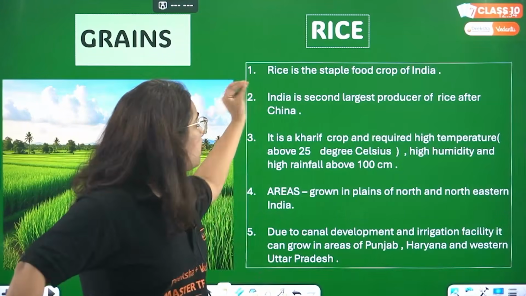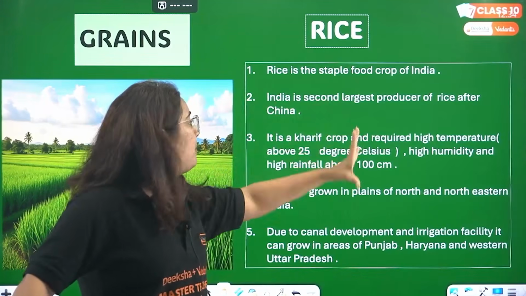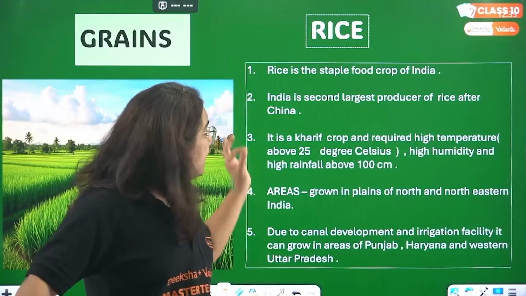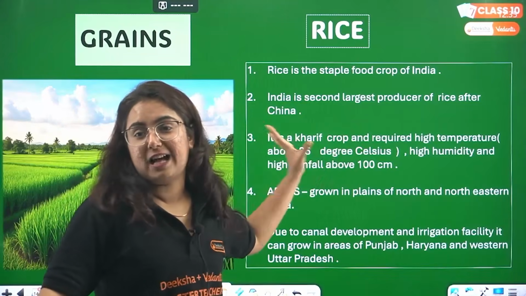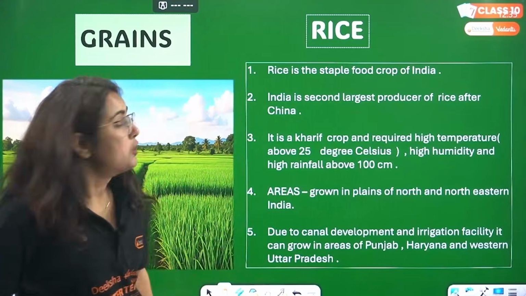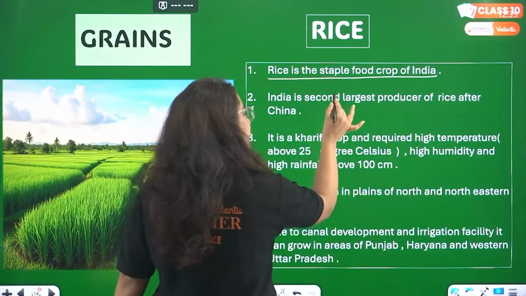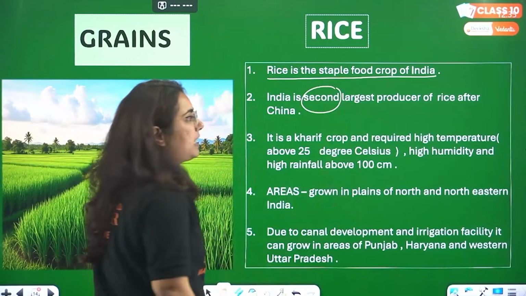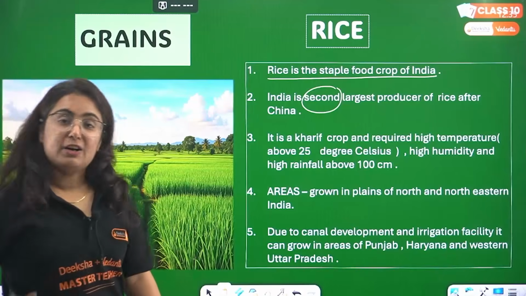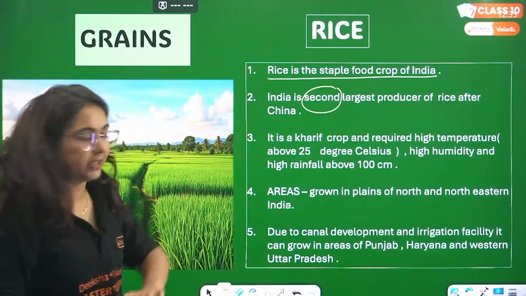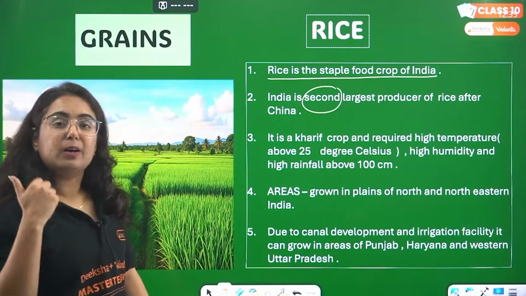Beta, rice is the staple food crop of India, and the big thing is India is the second largest producer of rice after China. So first, rice is the staple food of India. India is the second largest producer of rice after China. One difficulty that is faced by every student is to learn in which list we are second largest producer.